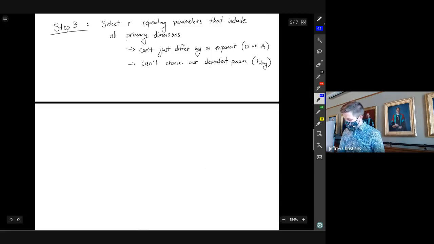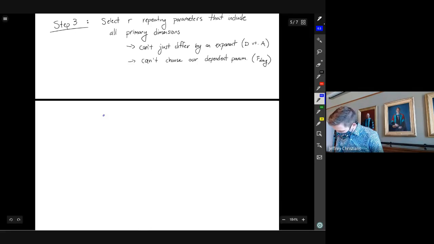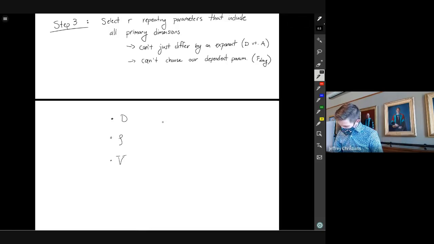So we'll choose diameter, density, and velocity, right? So diameter has dimensions of length, density has dimensions of mass per length cubed, velocity has dimensions of length per time.